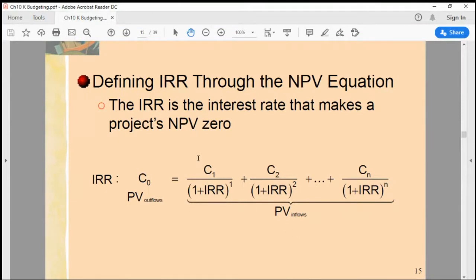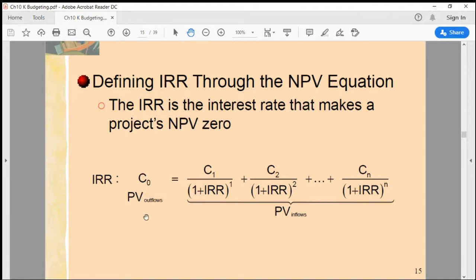And if the right-hand side is greater than the left-hand side, that means the discount rate would be lower, a smaller number than when it is equal, right? And vice versa.